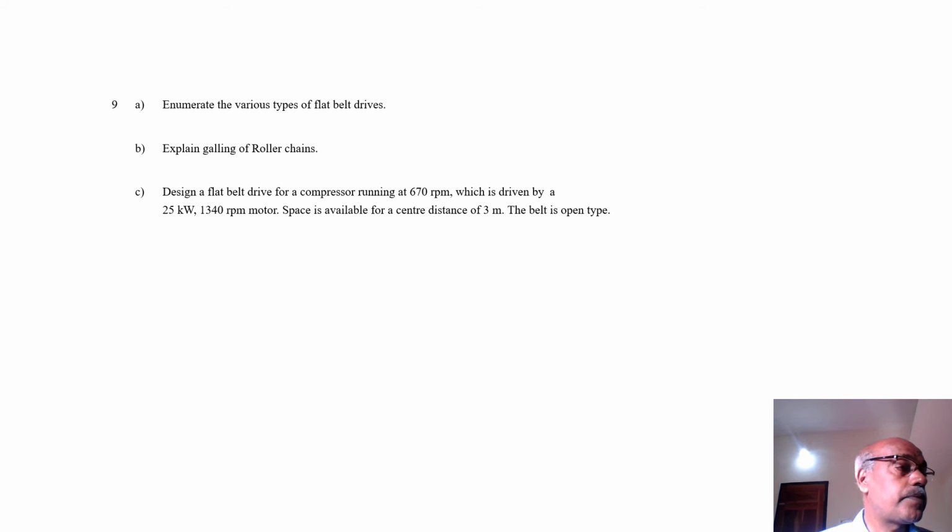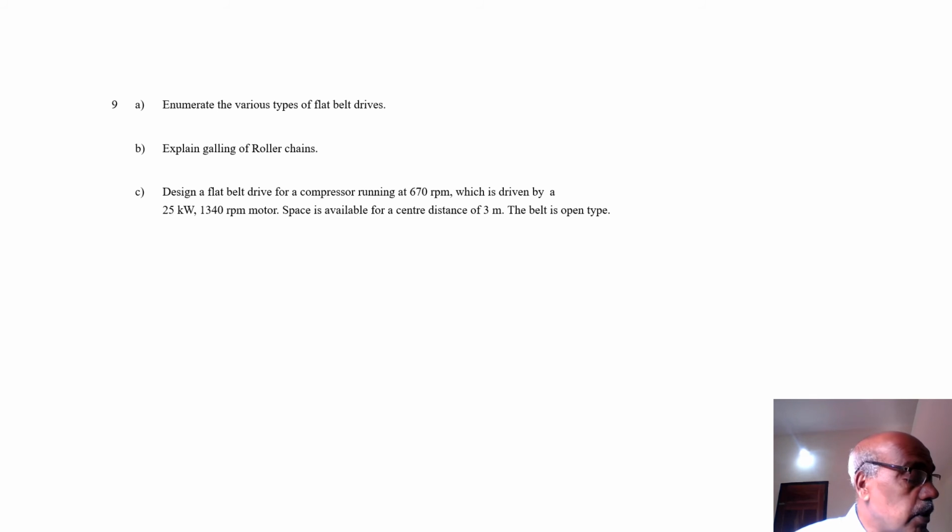Very simple question, because the procedure is available in any textbook. It is a flat belt design, not a flat belt drive.